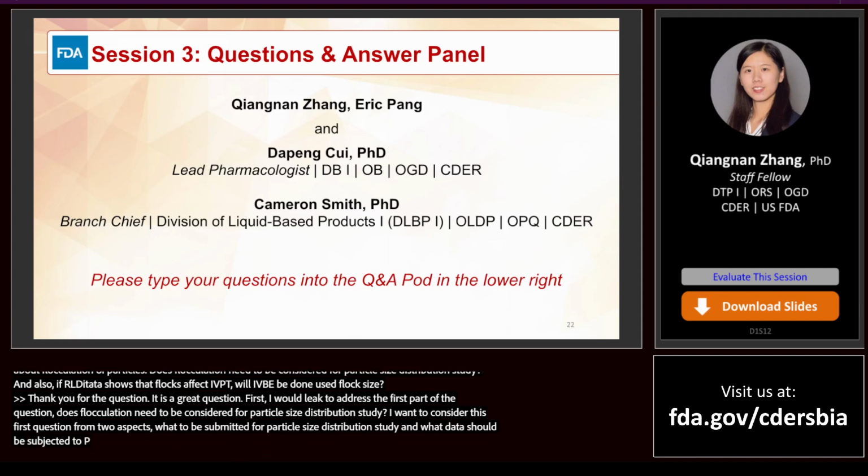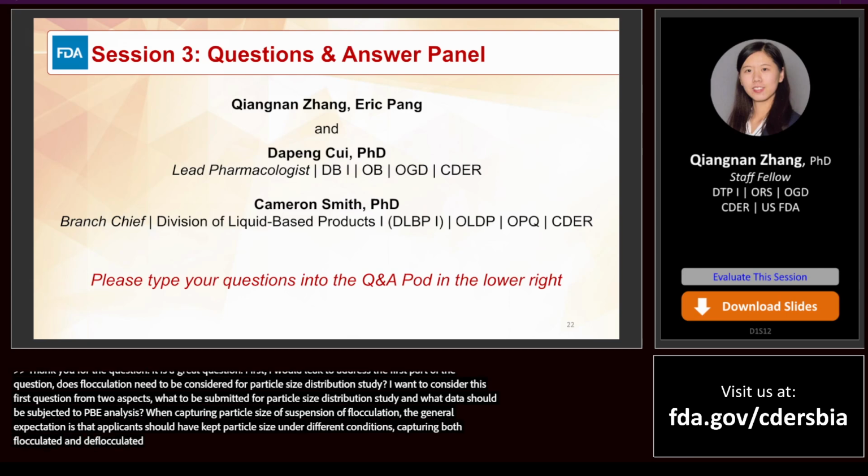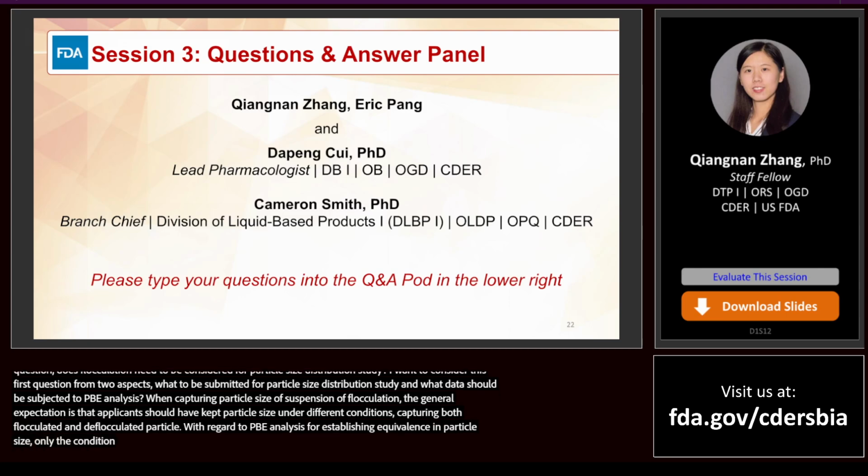In brief, when characterizing particle size of suspension formulation with flocculation feature, the general expectation is that applicants should characterize particle size under different conditions, capturing both flocculated and deflocculated particles. With regard to PBE analysis for establishing equivalence in particle size, only the condition that mainly captures the size of deflocculated particle, the primary particle, is needed.